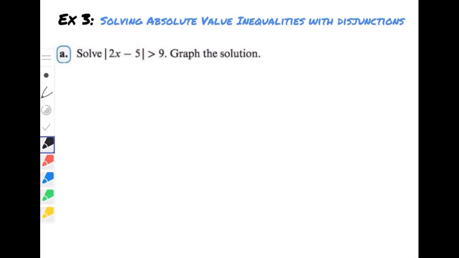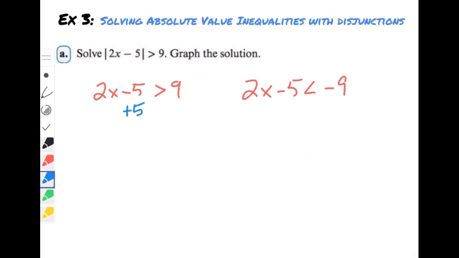Okay, now moving on to disjunctions. So disjunctions, remember, is we're going the opposite direction. Now, again, I'm just going to drop the bars right away because we can see the problem right there. And the first one is exactly the same. Then I'm going to have 2x minus 5 is less than negative 9. So I'll solve this first side, add 5 to both sides.